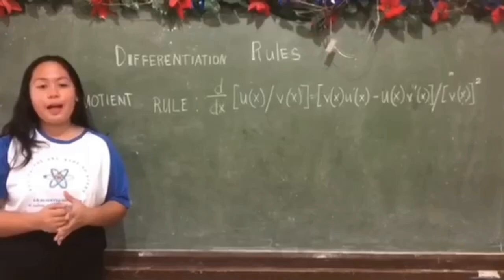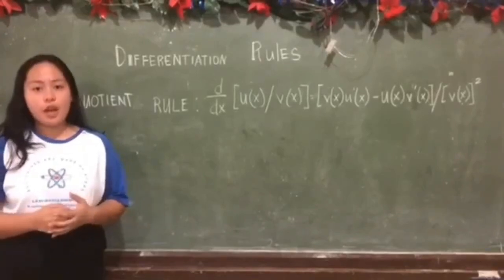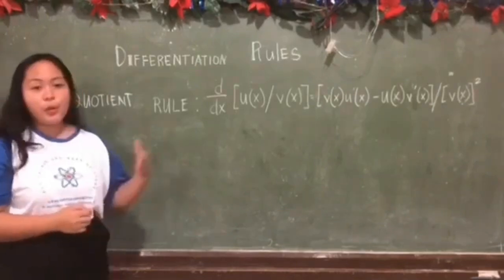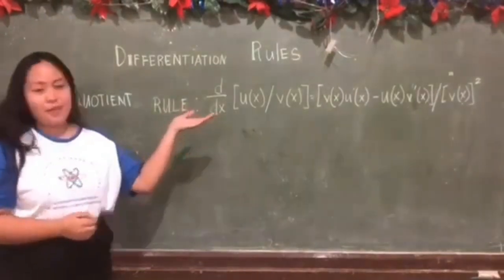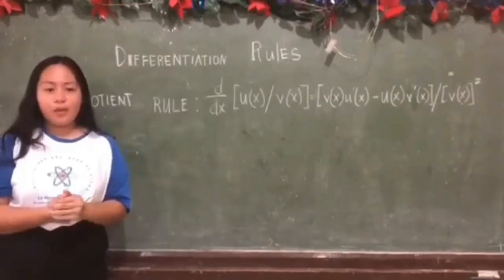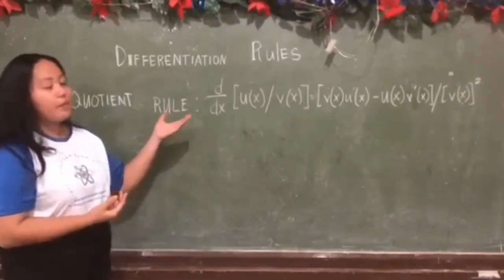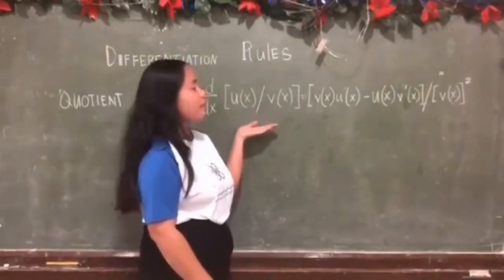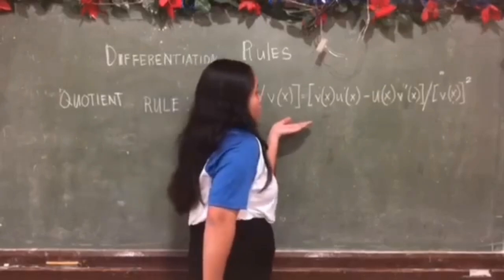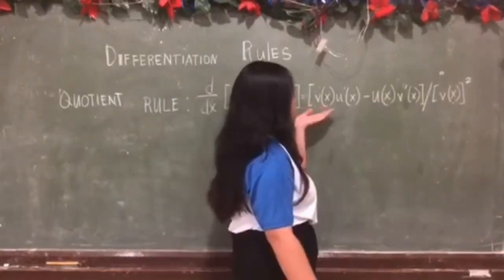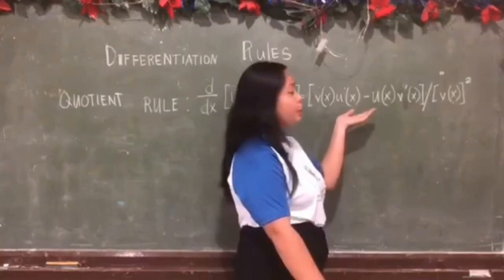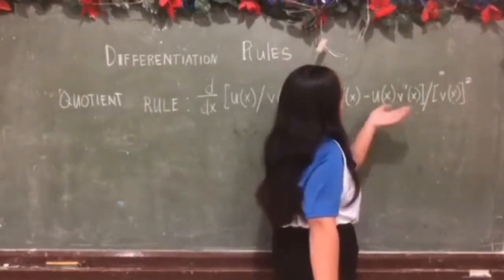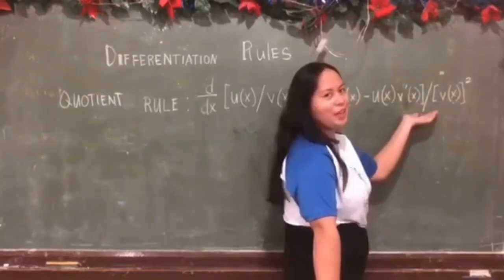Well, the quotient rule helps us find the derivative of a function that is the quotient of two other functions. Let's say we have two functions, u of x and v of x. The derivative of their quotient, u of x divided by v of x, with respect to x is equal to the denominator multiplied by the derivative of the numerator minus the numerator multiplied by the derivative of the denominator, all divided by the square of the denominator.